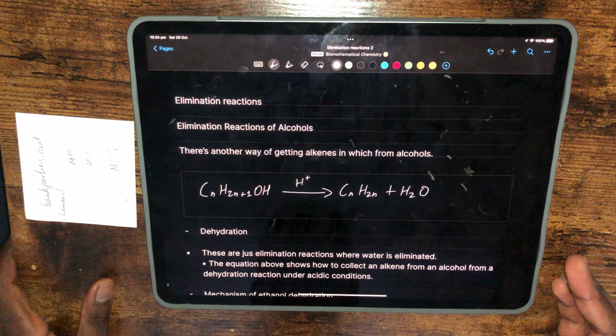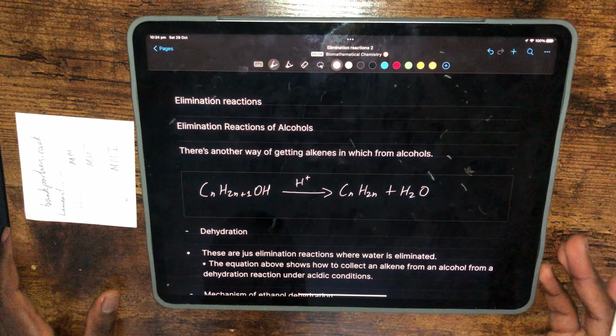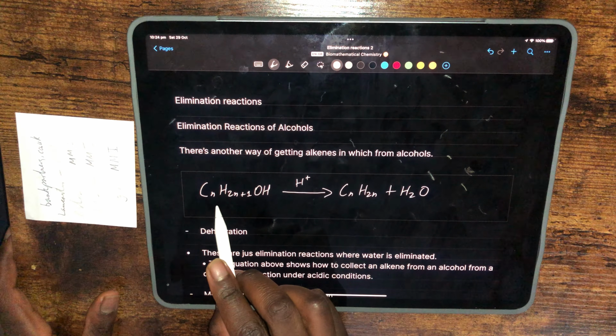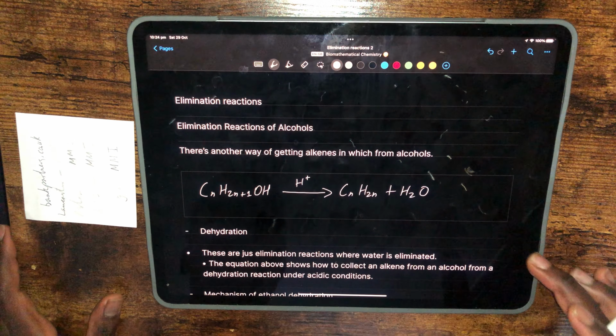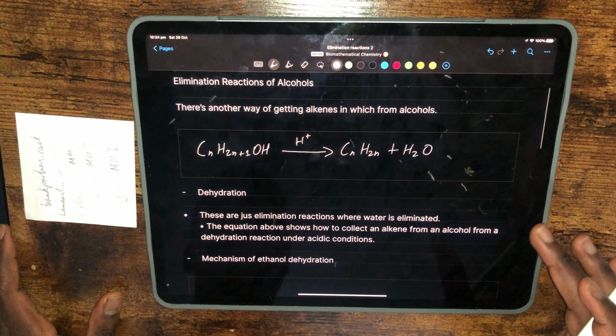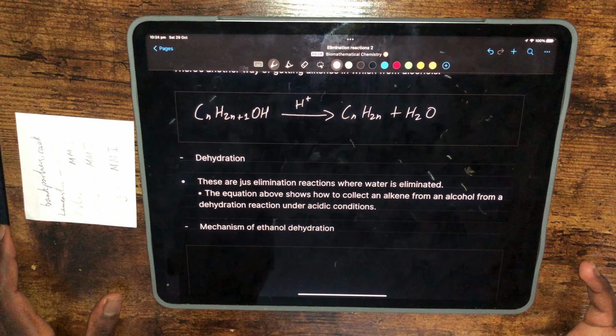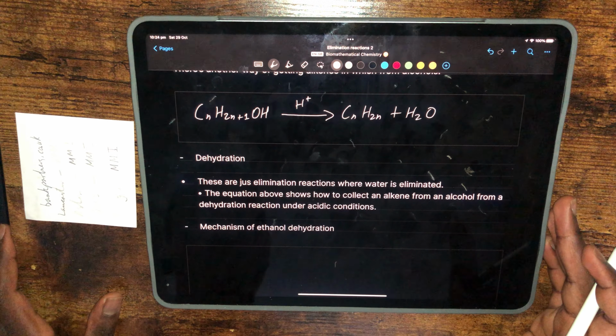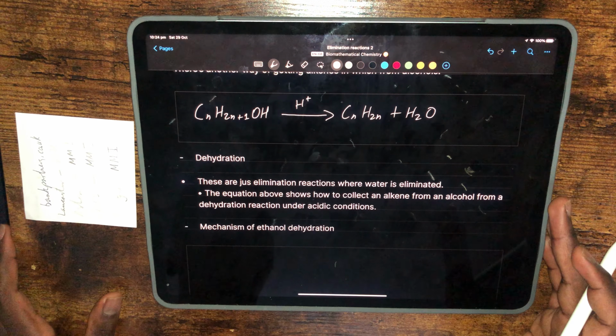Obviously the acid catalyst doesn't get used up, so you get the H+ back. These are just elimination reactions where water is eliminated. The equation shown above is how to collect an alkene from an alcohol by a dehydration reaction under acidic conditions.